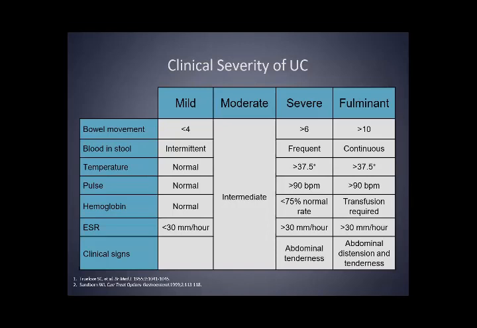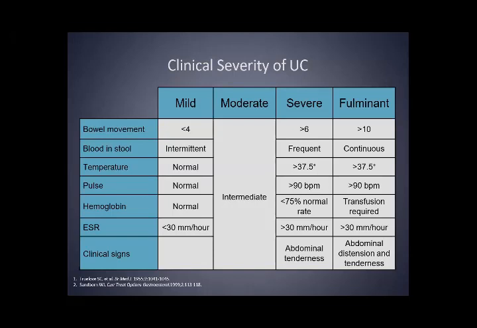In temperature, the patient is usually normal and not that toxic, but in severe disease the patient will be toxic and febrile, and will have abdominal tenderness and muscle guarding, depending on whether pancolitis, perforation or some other complication has taken place. The patient will be tachycardic in severe and fulminating colitis, while hemoglobin will be low because of the bleeding.